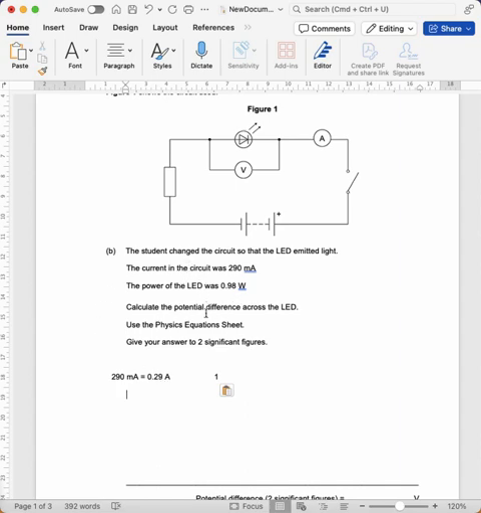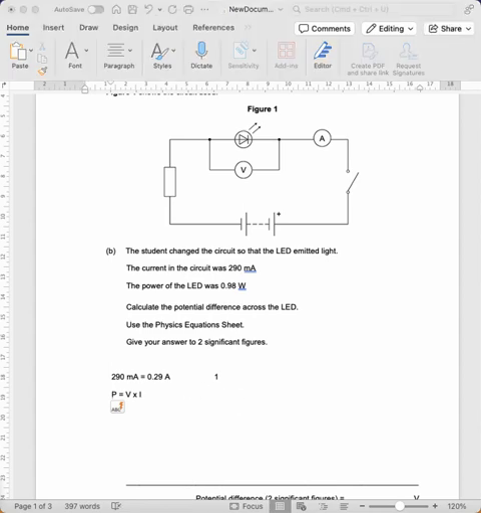Second bit, what equation are we going to use? So we've got current, which is here, been given that, okay? We've been given power, so what equation from the equation sheet can we use to find potential difference? There's different ways to do it. I'm going to show you which I think is easiest. We are going to use power equals potential difference times current, okay?